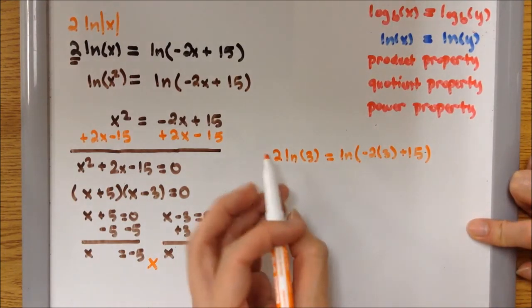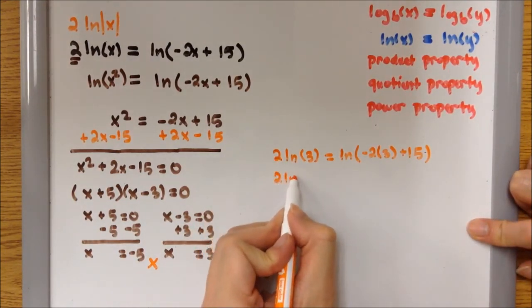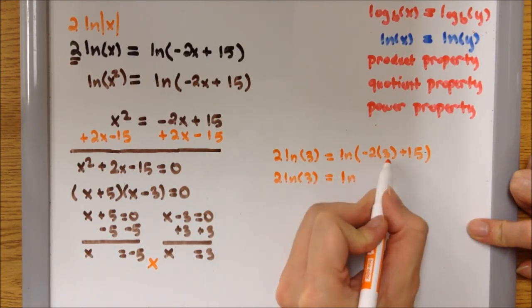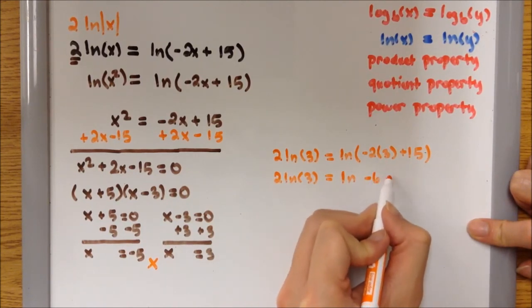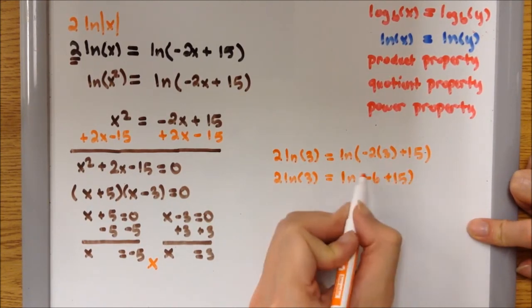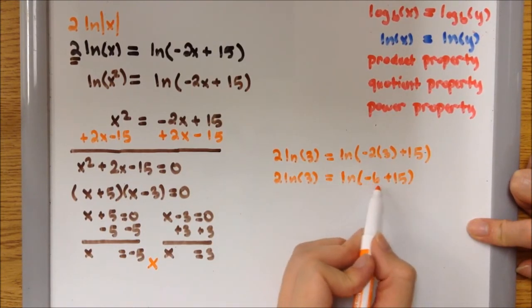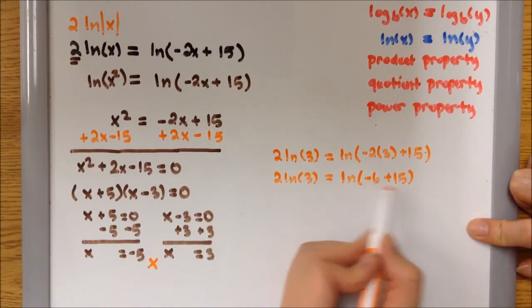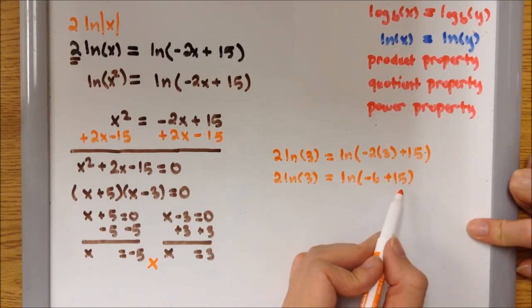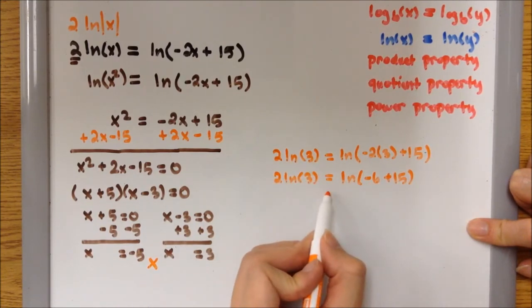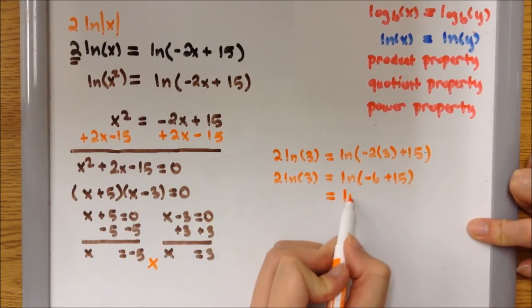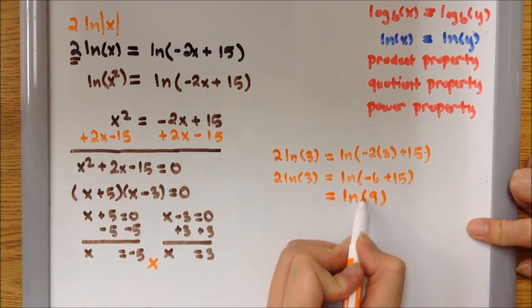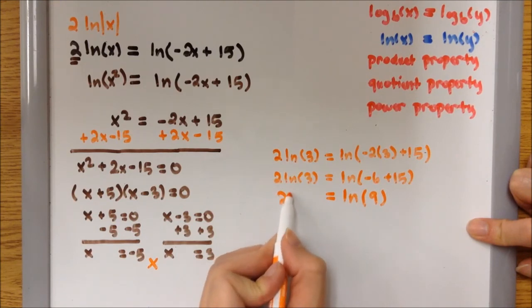Now on the left side, 2 natural log of 3 equals natural log of, now negative 2 times 3 is negative 6, plus 15. Again, it's okay to have this negative 6 because we're adding it with the 15. Whatever comes out should be positive. If it comes out negative, nope, we can't use that. But let's check. Natural log of negative 6 plus 15, that's a positive 9. So we're okay here. And then we bring down the 2 natural log of 3.